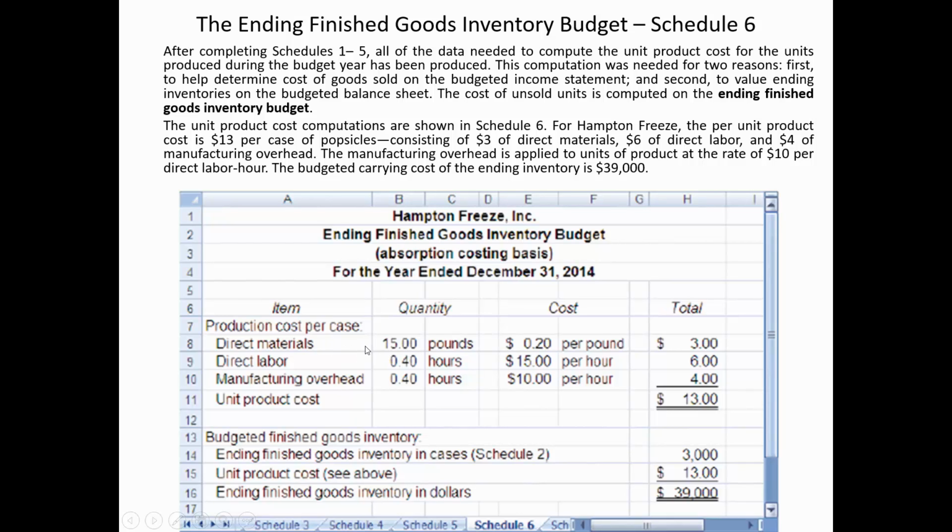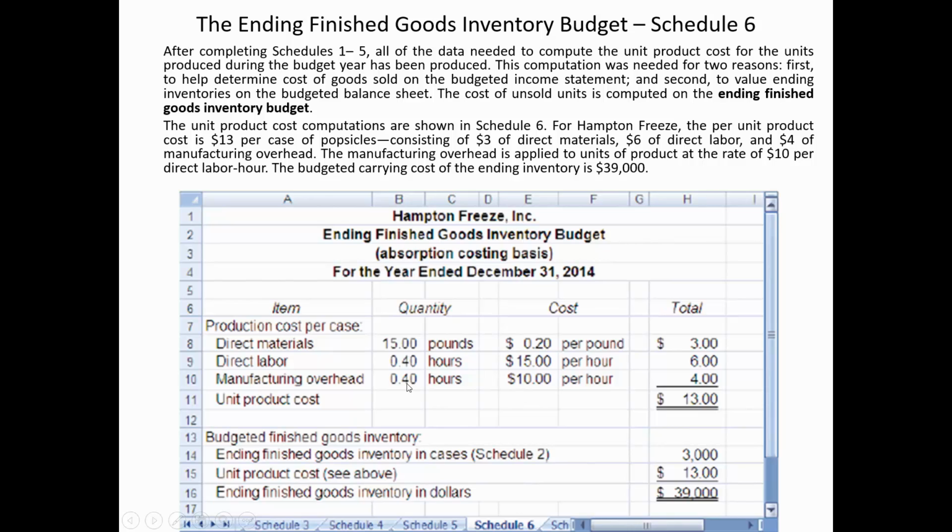So our standard quantity per case is 15 pounds of sugar, which is our direct material. It's 20 cents per pound. So for every case, it's going to cost us $3 in sugar. Our direct labor is 0.4 hours. We're paying everybody $15 per hour. So for each case we produce, we expect the direct labor associated with that to be $6. Our manufacturing overhead, we're going to be applying it based upon our direct labor hours.